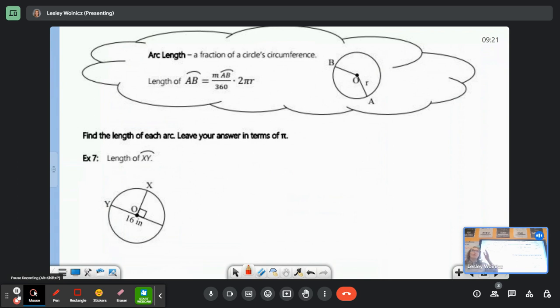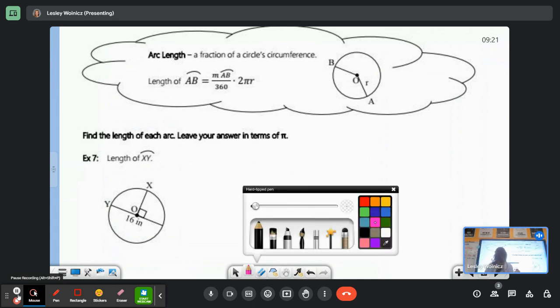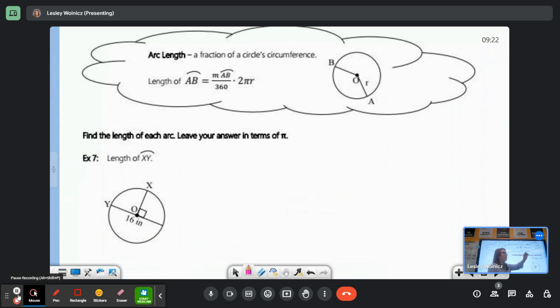The whole circumference is 2 pi r, and we only want a fraction of it. If we take the angle of the arc and divide it by 360, that tells us how much of the circumference we want. If we did 90 over 360, isn't that just 1/4? So we would do 1/4 of the circumference. Is this making sense? Okay, perfect.